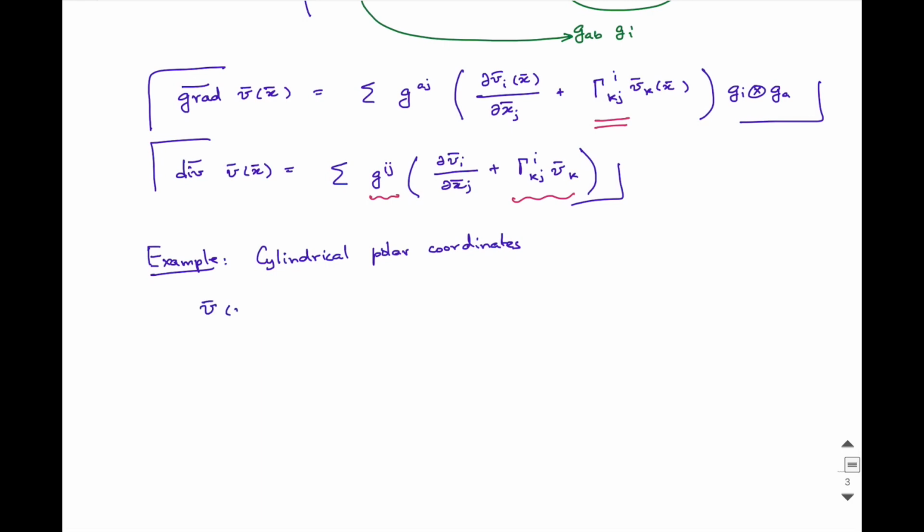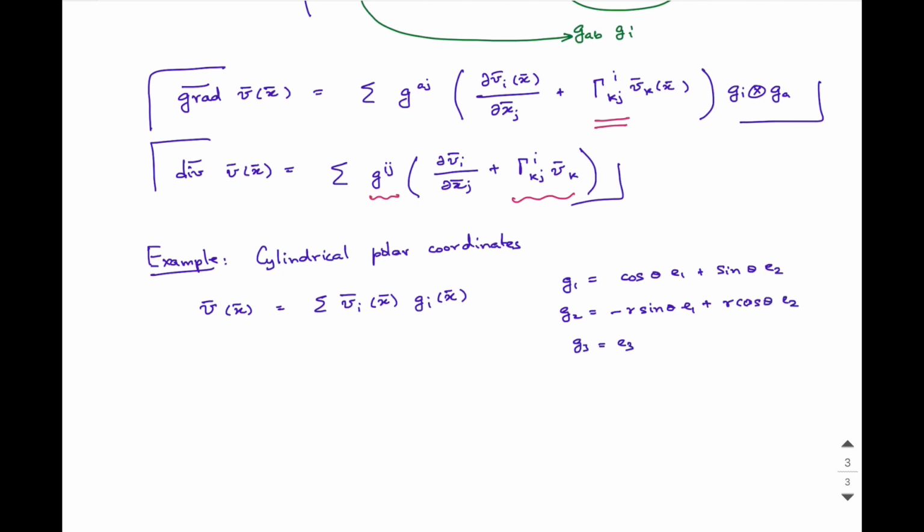Suppose I write V bar of x bar with respect to the coordinate basis as follows: summation V i bar of x bar times g i of x bar. Remember we computed g1, g2 and g3 earlier for cylindrical polar coordinates. g1 was simply cos theta e1 plus sin theta e2. g2 was minus r sin theta e1 plus r cos theta e2, and g3 was just e3.